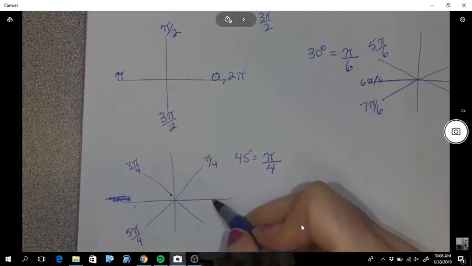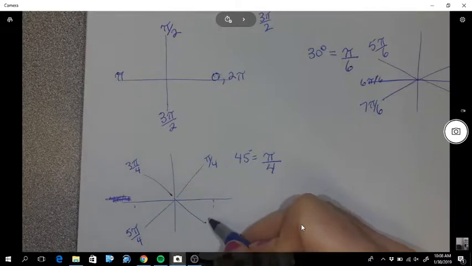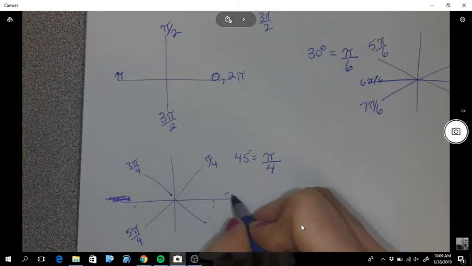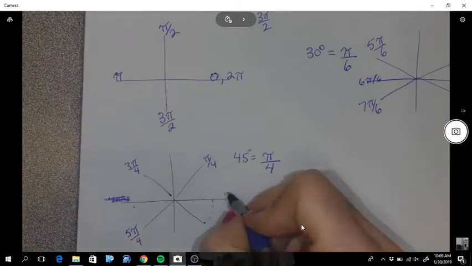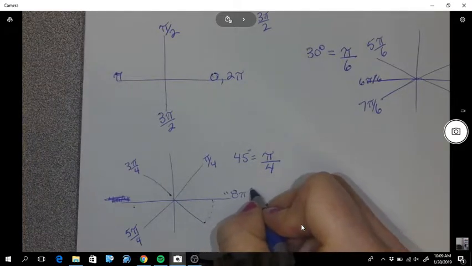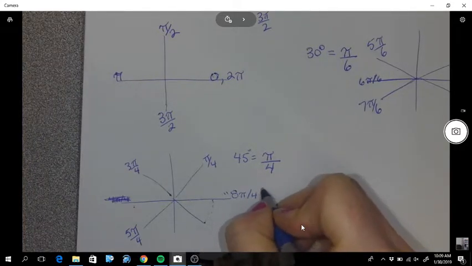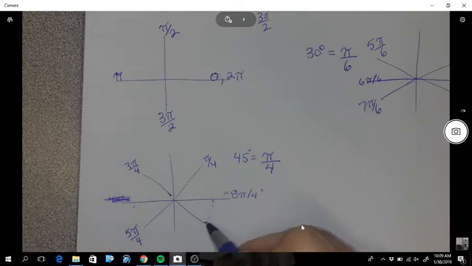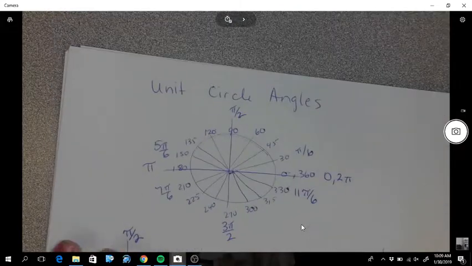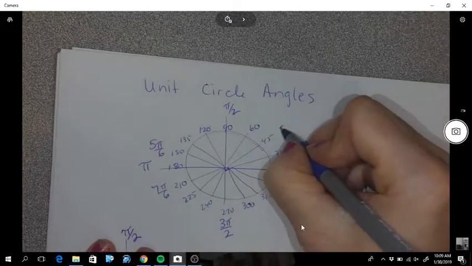And then into quadrant 4, you really have to use the math of using 2 pi there, so you have to use 8 pi over 4 in your head to go backwards. So that angle would be 7 pi over 4. Okay, so that would fill in here.